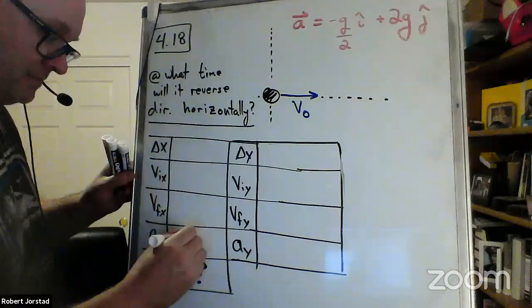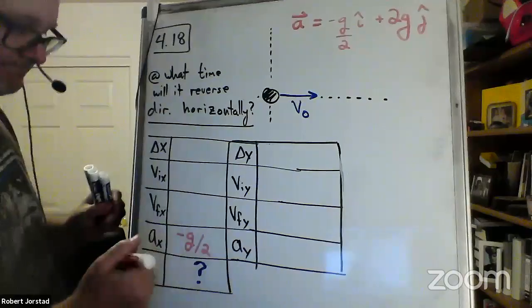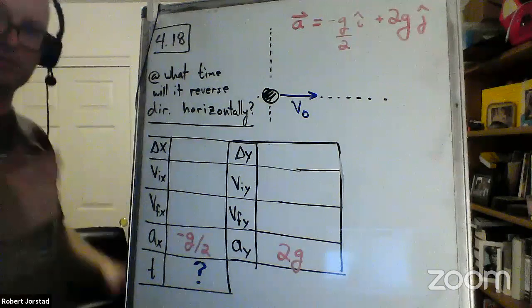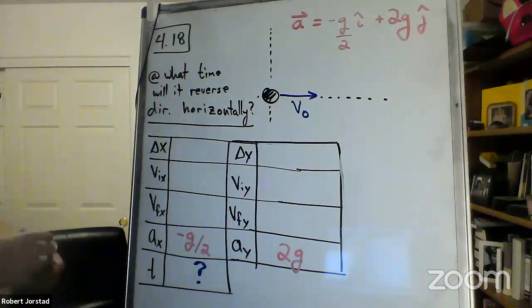So acceleration in the x is negative g over 2. Beautiful. And then y would be 2g. Yep. All right. I think we know the initial, but I'll see if someone else maybe can. Okay, sure. Sounds good. What do you think? Anybody else want to give it a shot? Something else that we know or don't know?